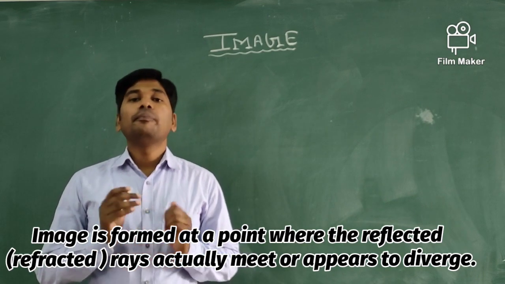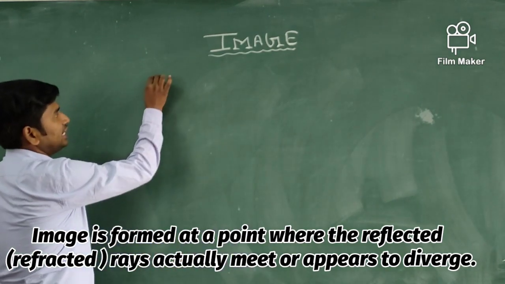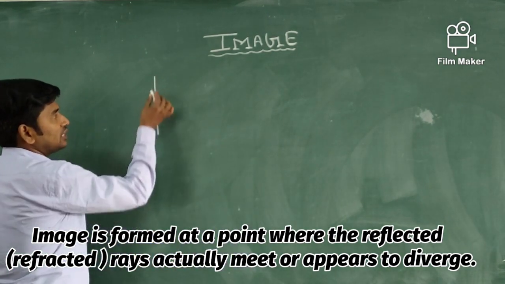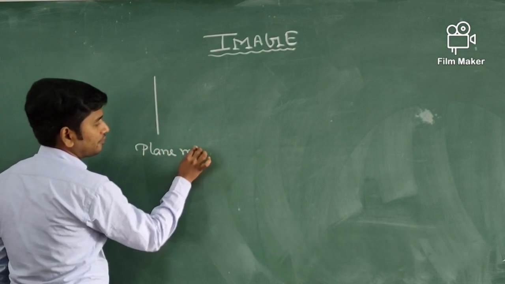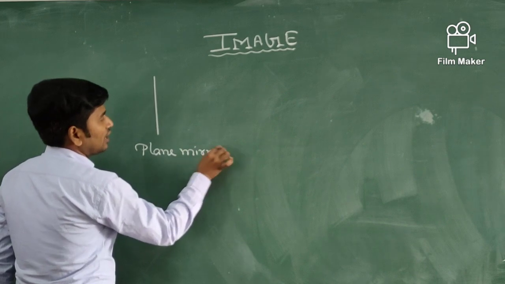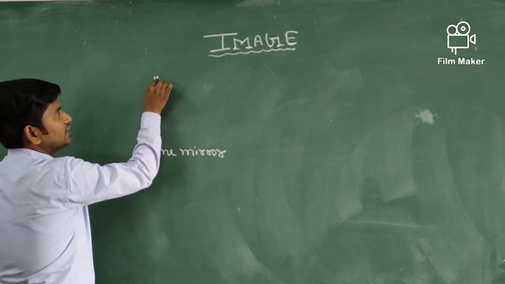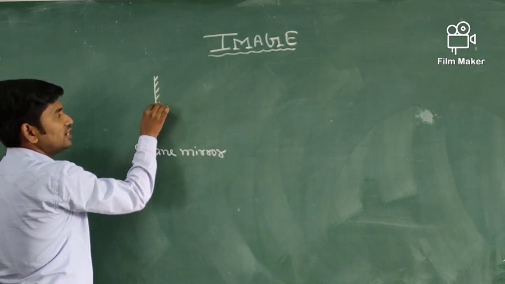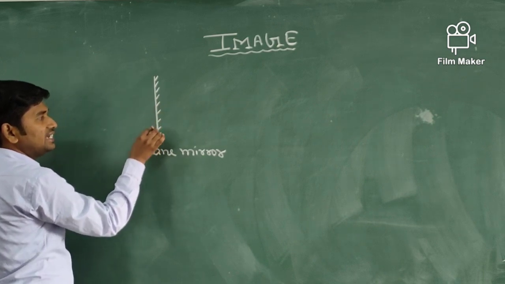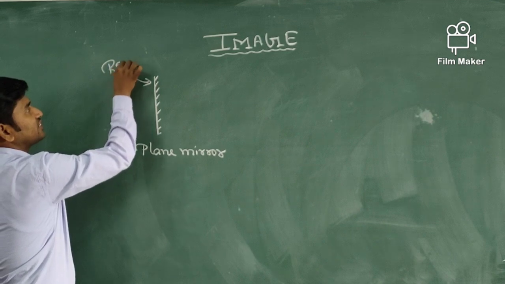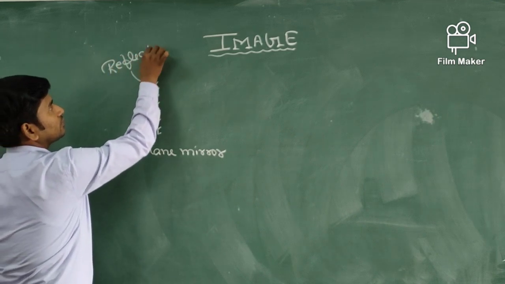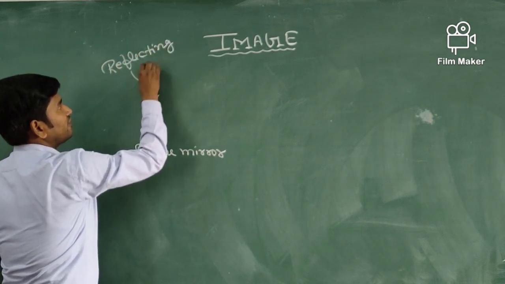In case of a plane mirror, suppose it is a plane mirror. This side is silvered, and this side is the reflecting surface.